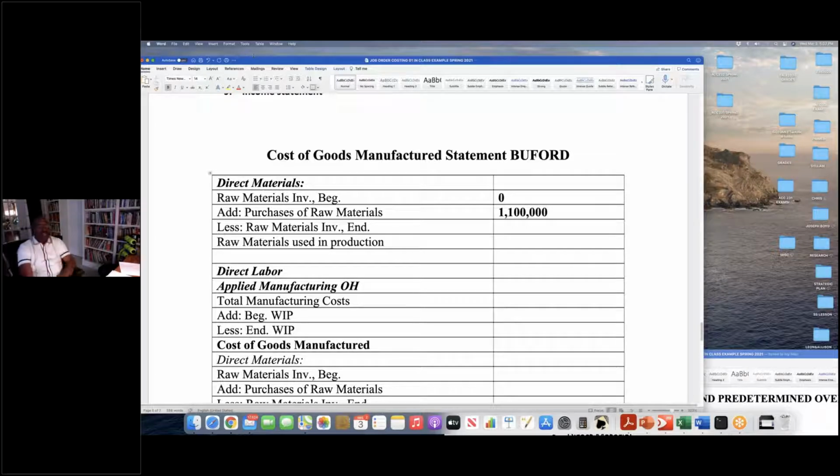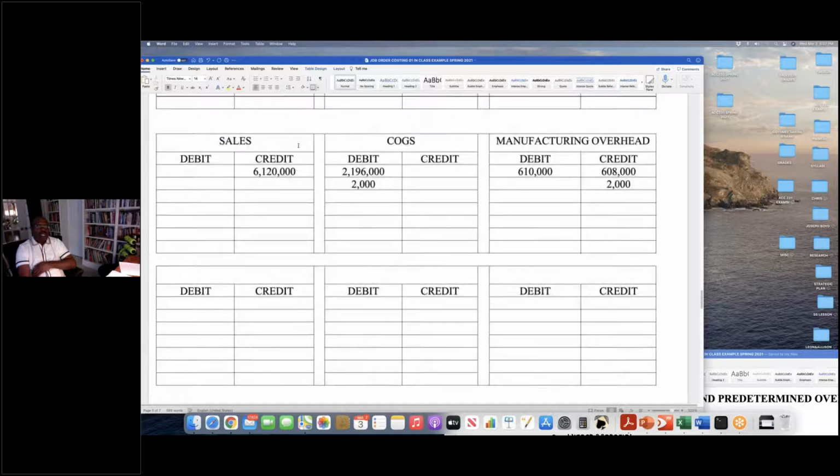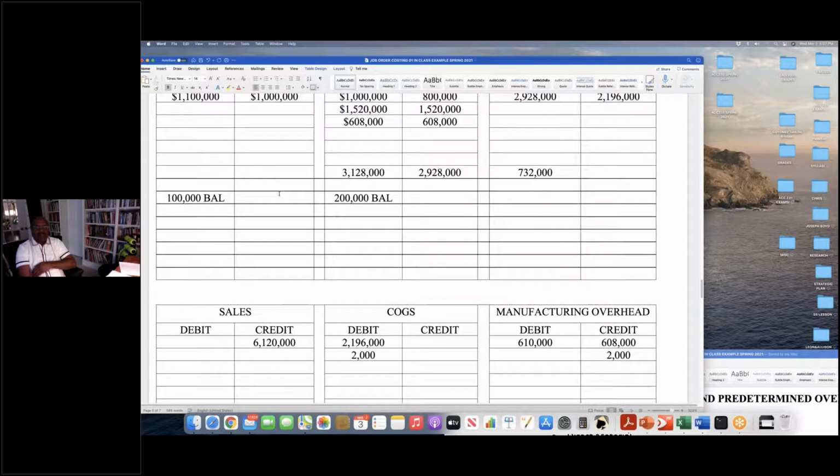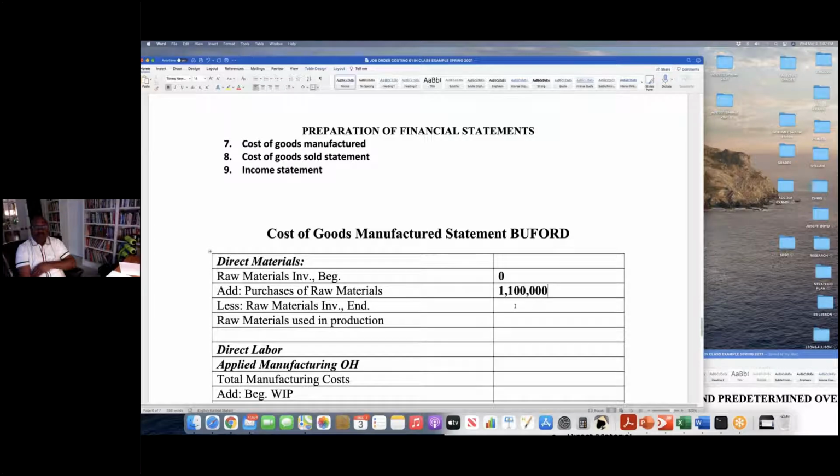The ending raw materials, we had it in here at 100,000. So the raw materials used in production would be $1 million.